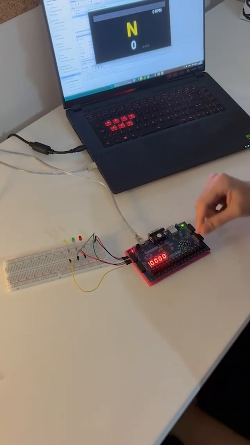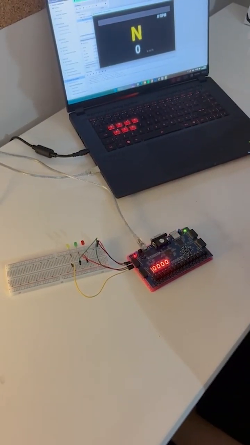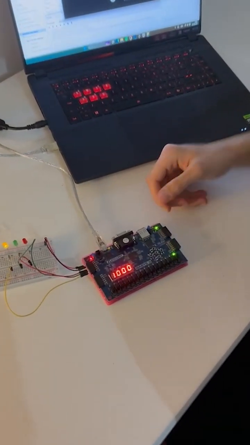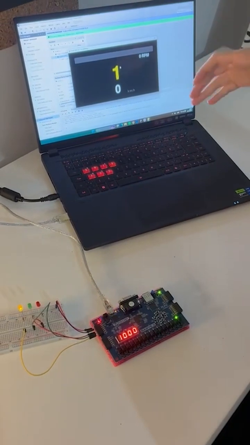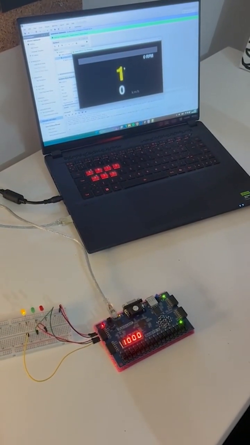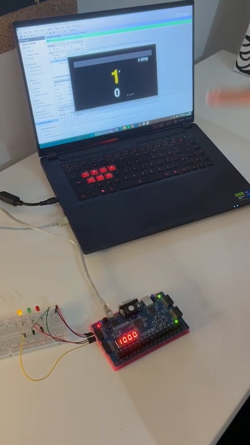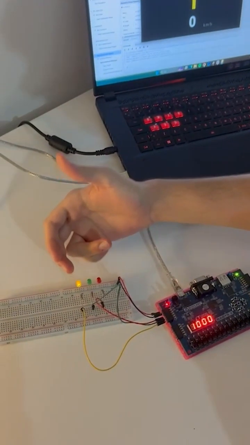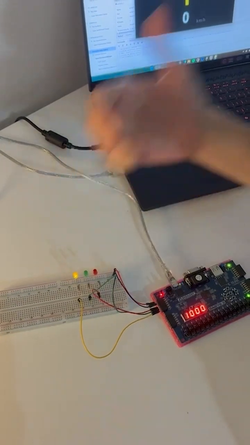So let me show you the physical mechanics in the simulation. When we turn on the first switch, it goes to first gear, and this gear has a speed limit. As we get near this limit, it goes through the yellow, green, and red LEDs.